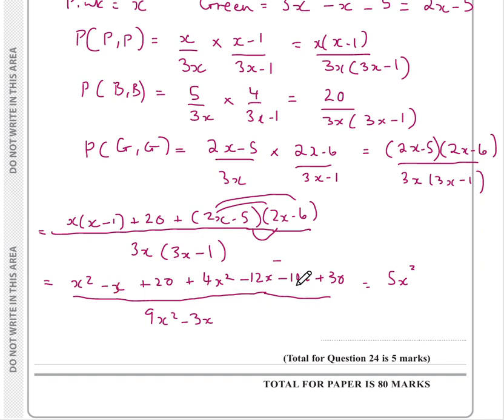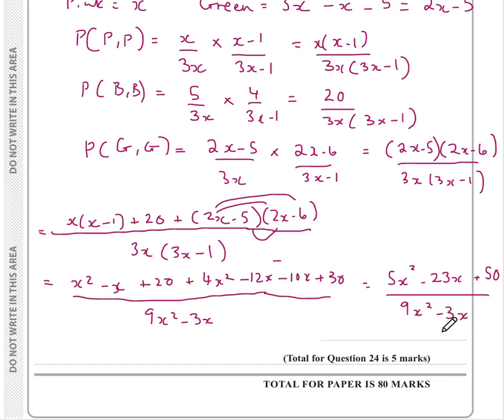Okay, so let's have a look. I've got 5x squared minus 12x minus 10x minus another x. That's going to give me minus 23x. My number terms, I've got plus 20 plus 30, that's going to give me plus 50, divided by 9x squared minus 3x.